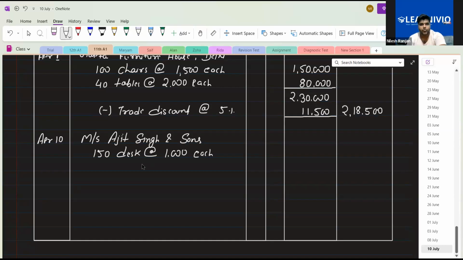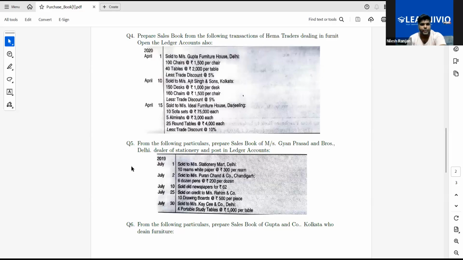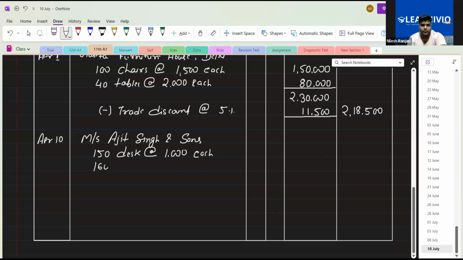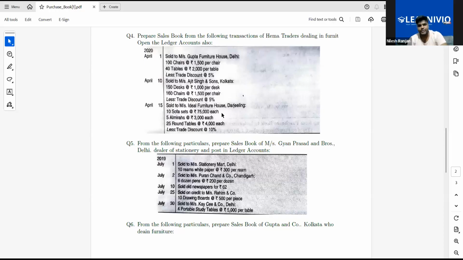And there is another item, 160 chair at the rate 1500 per chair. So 160 chair at the rate 1500 each. Is there any other item? No. Trade discount 5% again.